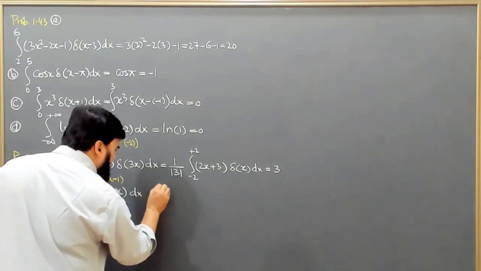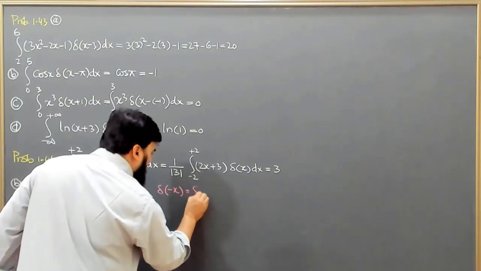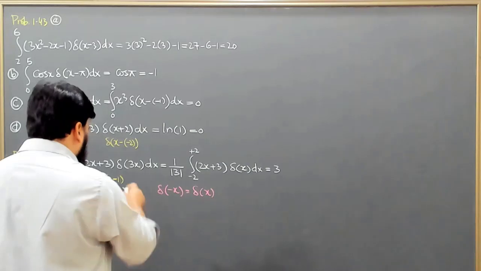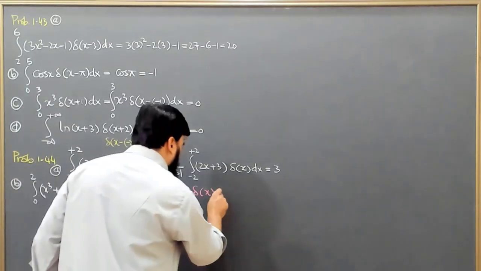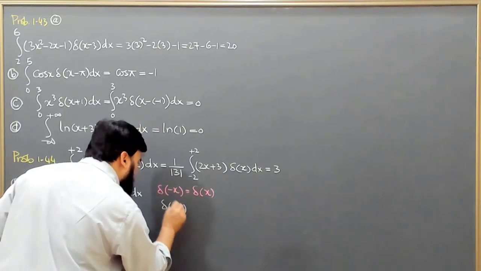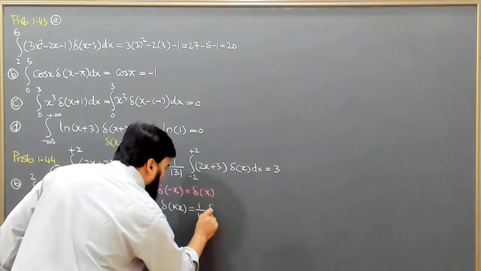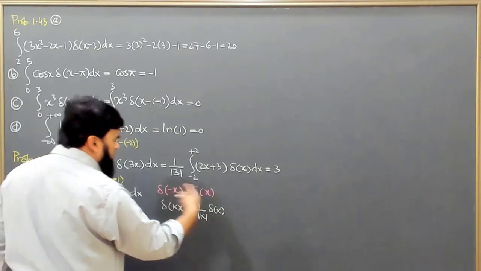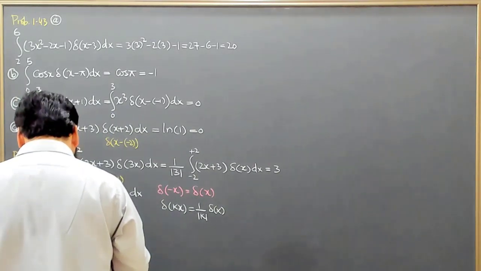But I know that delta of minus x is equal to delta of x, because this is treated as delta of kx, k being minus 1. This is 1 over the absolute value of k times delta of x. So the absolute value of minus 1 is plus 1, so delta of minus x equals delta of x.